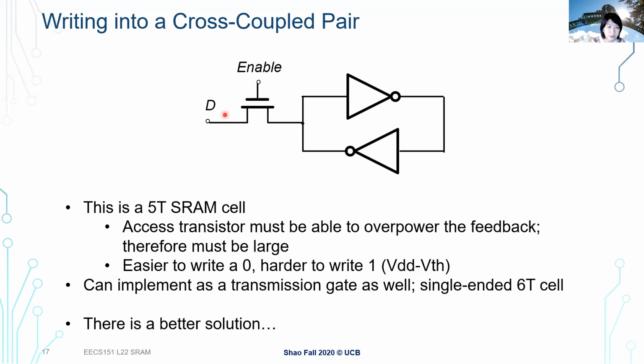It's really good at writing a 0, because we can fully discharge and get a very strong 0. But it's not very good at writing a 1, because of the same constraint. NMOS is really good as a pull-down network, but not very good at delivering a 1, because we always need to guarantee this VDD minus VTH gap.